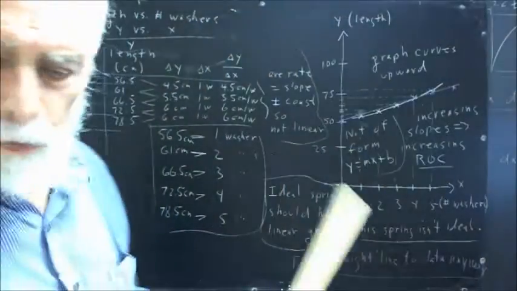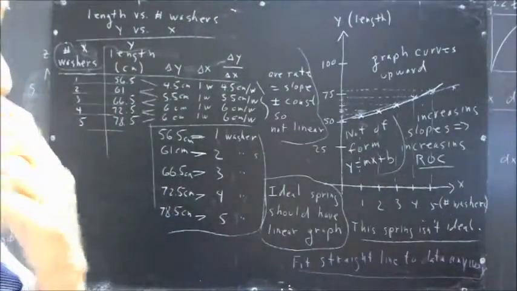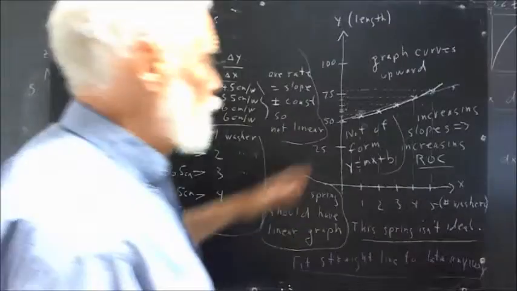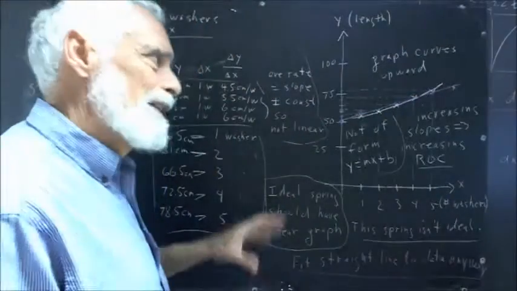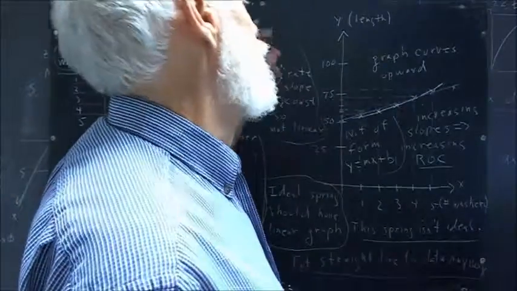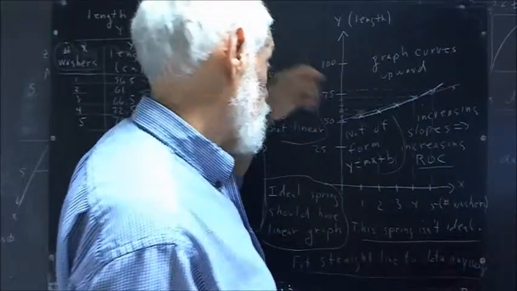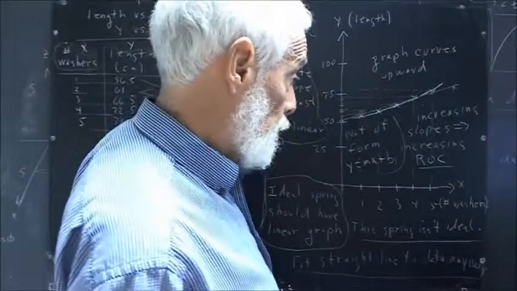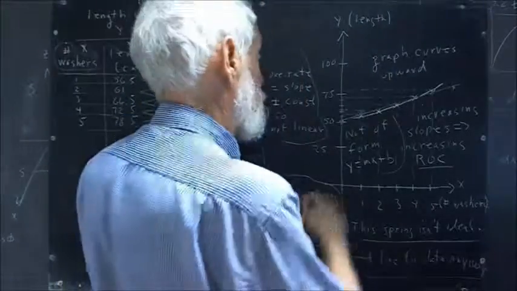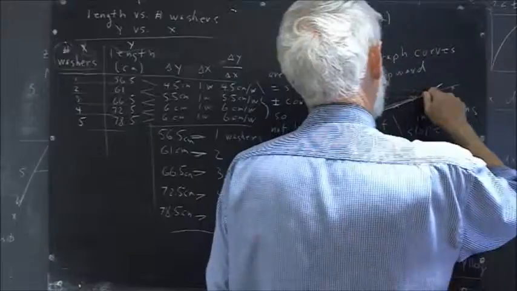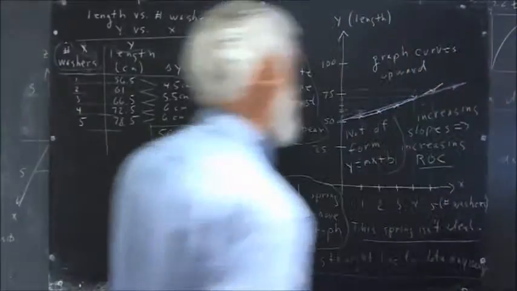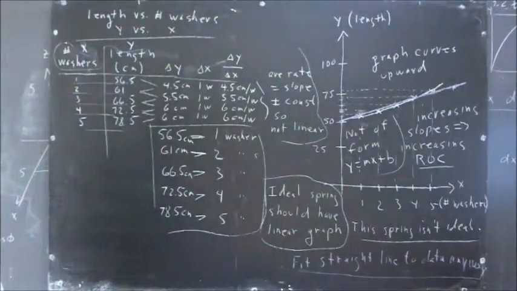Okay, so now the purple line is my best estimate of a good straight line to fit this data. The best fit of a straight line doesn't actually come as close on the average to the points, but it does something very much like that. So let's make that line just a little bit more prominent. So there's a straight line.